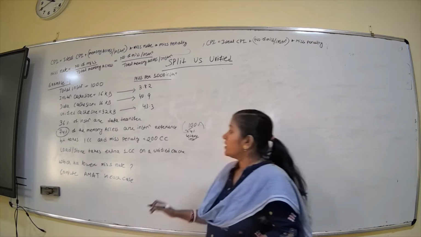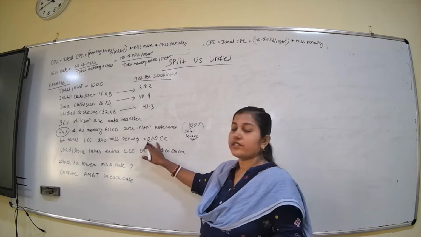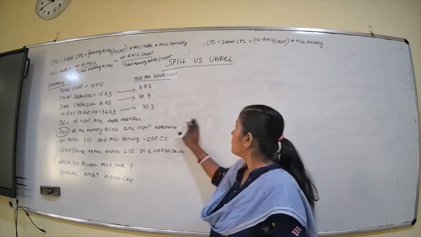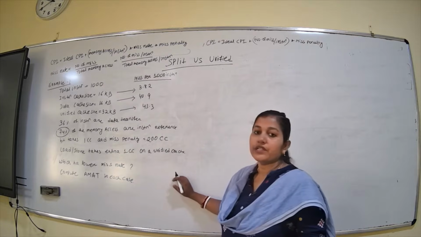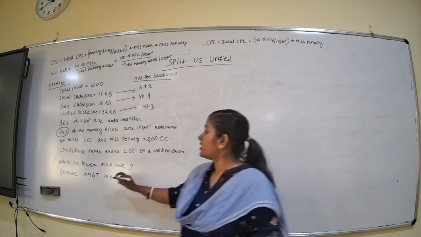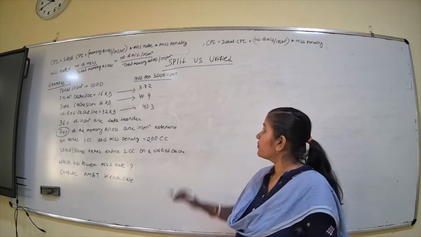Then hit takes 1 clock cycle, miss penalty takes 200 clock cycles, load and store takes an extra 1 clock cycle on a unified cache. Then which has the lower miss rate, and compute AMT for each case.